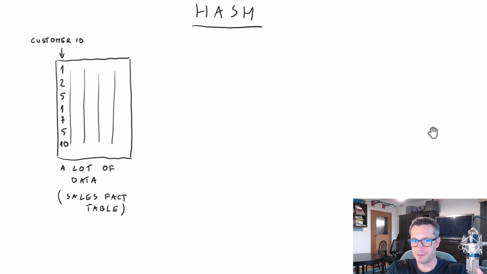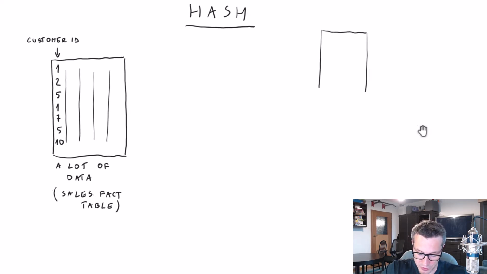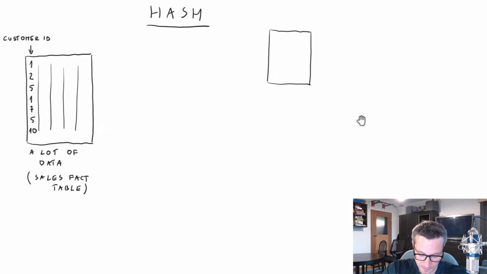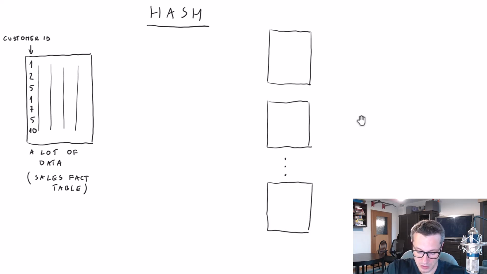And we want to grab this data and distribute it somehow into those 60 distributions. And one more time, there are always exactly 60 distributions, no more, no less. So this is our target on the right hand side, those distributions. The first one, then the second one, and so on up to 60 of them. So these are 60 distributions.